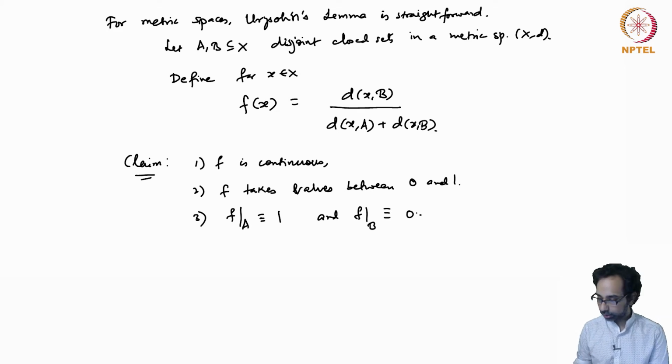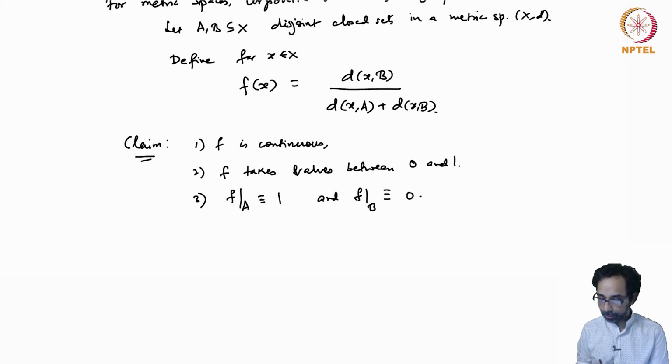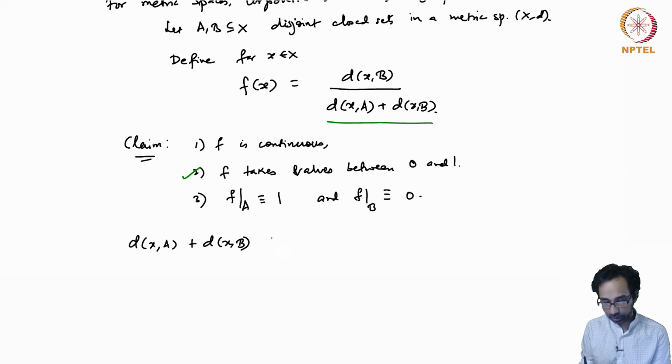So let's prove this quickly. First of all, it is clear that f takes values between 0 and 1, because it is enough to show that d(x,A) plus d(x,B) is always greater than or equal to d(x,B).